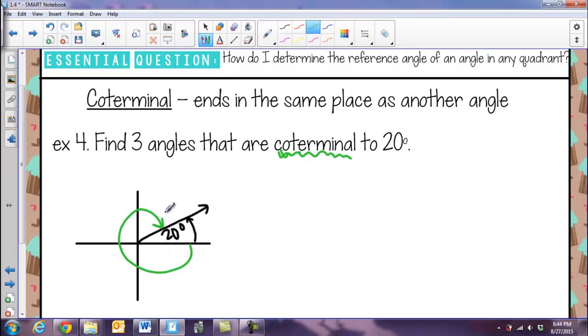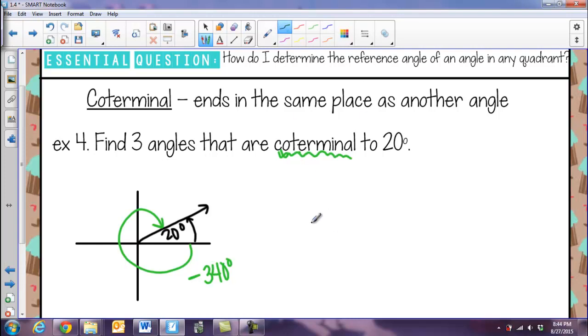To figure that one out, remember a whole circle has 360 degrees. So if I take 360 minus 20, that gets me 340 degrees. But since I went the opposite direction, it's going to be negative 340 degrees. So that's one coterminal angle to 20 degrees. It's just going the opposite direction, the completion of the 360.